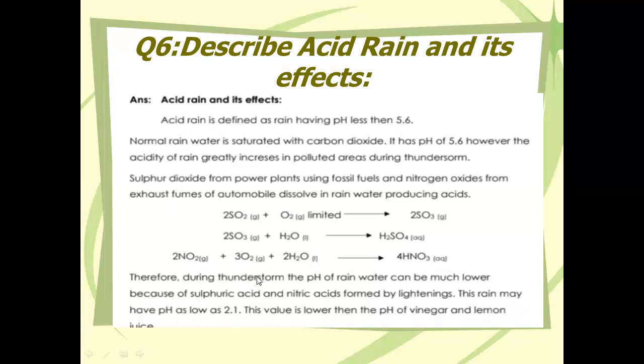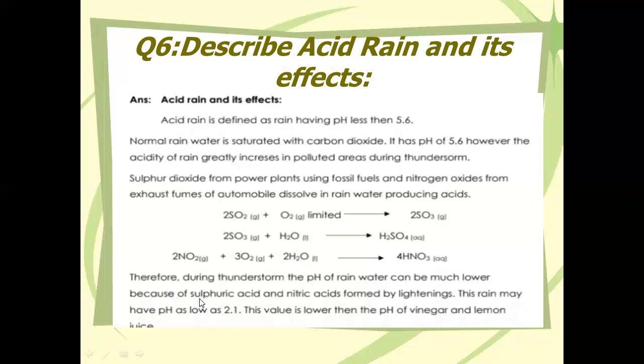So therefore, during the thunderstorm, the pH of rainwater can be much lower because of the formation of sulfuric acid and nitric acid. So this rain may have a pH as low as 2.1, and this value is, you can see, lower than the pH of vinegar and lemon juice.